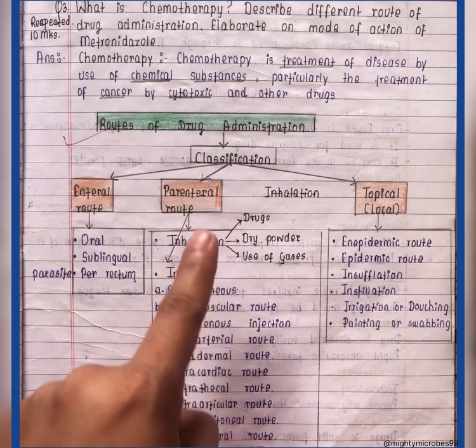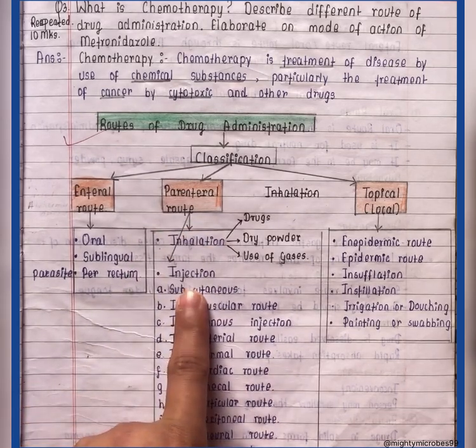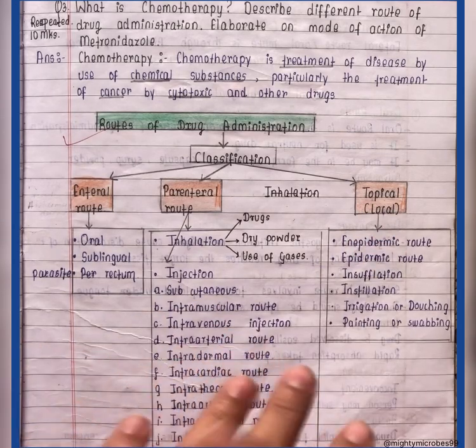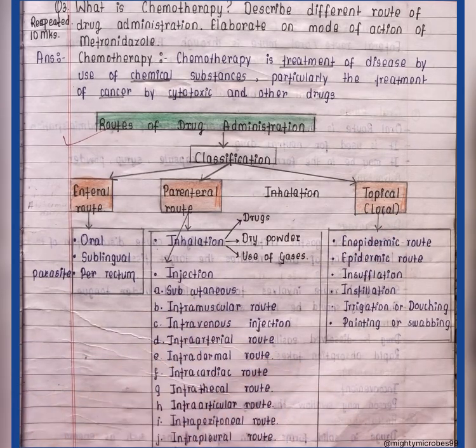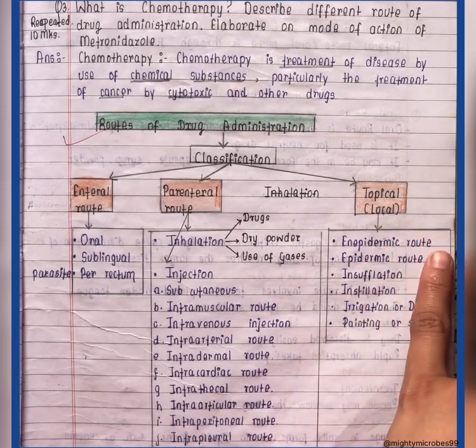In parenteral, there are two types, that is inhalation and injection. And in topical, where we can apply it on the skin, such as cream or ointment, it is classified as topical, that is local.